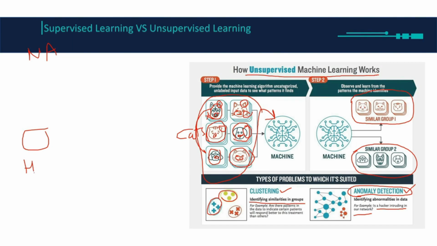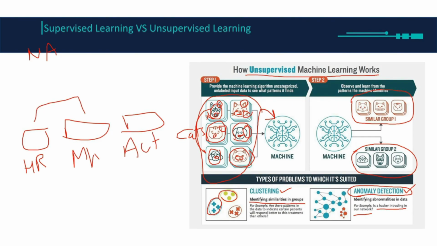I have an HR department, a marketing department, an accounting department, and so on. And I am giving each one 10 megabits as internet speed.